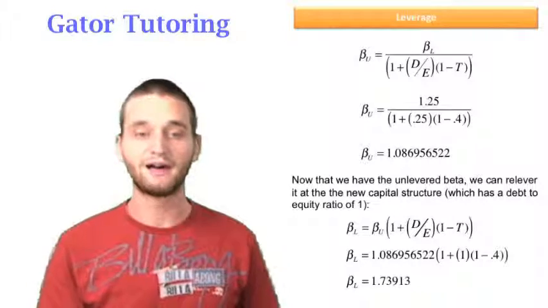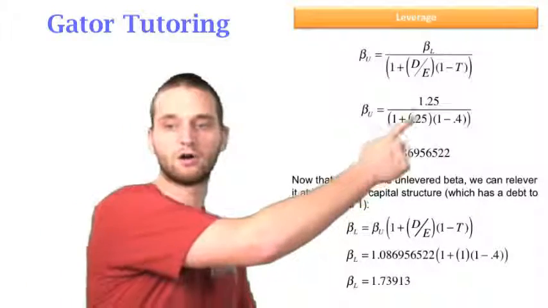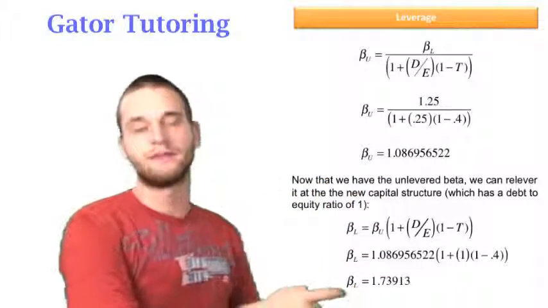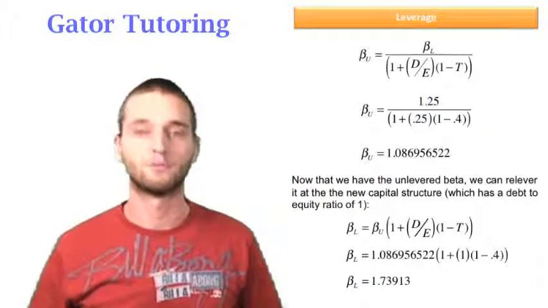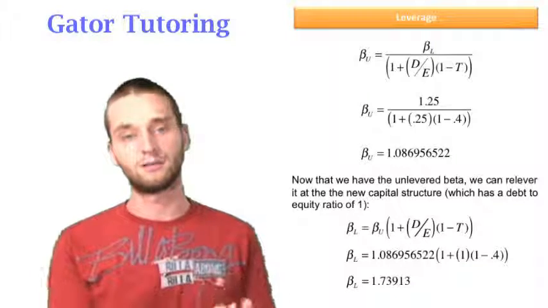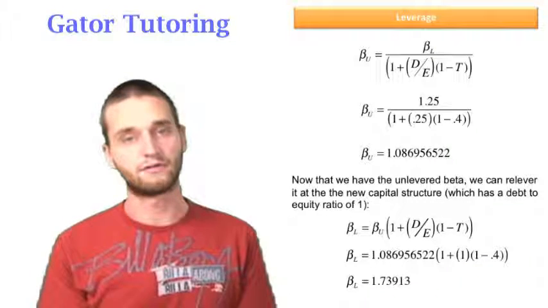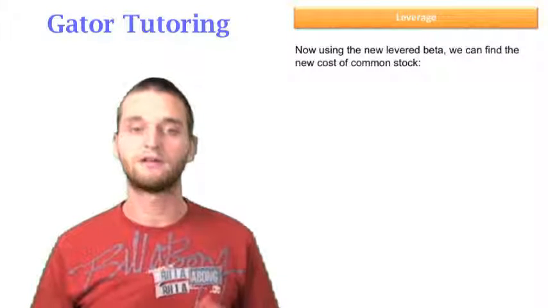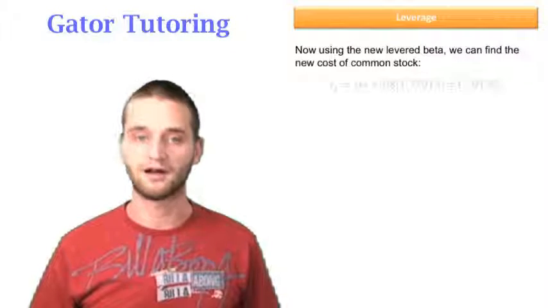We can see that's higher than our old levered beta, which was 1.25. That should make sense because we have more debt now. Our firm is more risky, so our equity investors are going to require a higher rate of return on their investment.